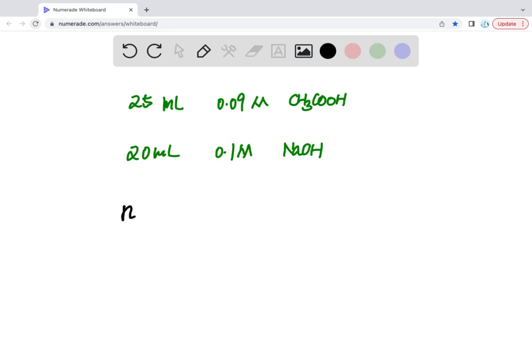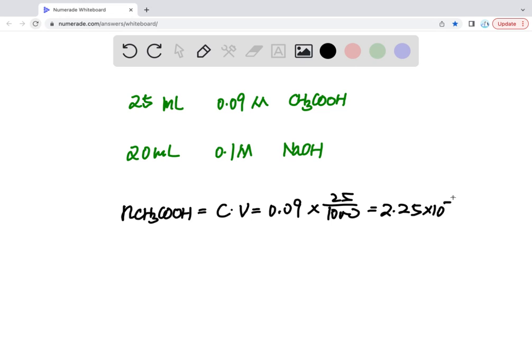So initially, the moles of the acetic acid equals the concentration times the volume. So that's about 0.09 times 25 over 1000, which is about 2.25 times 10 to the minus 3 mol.